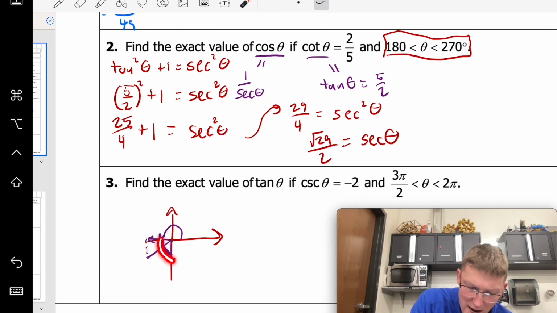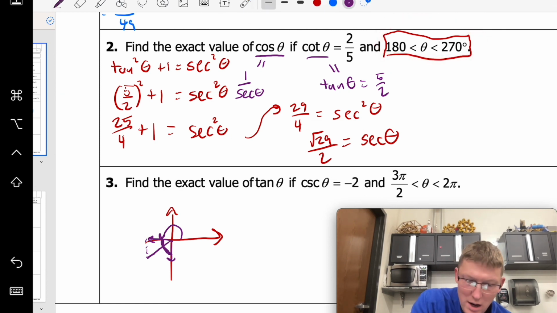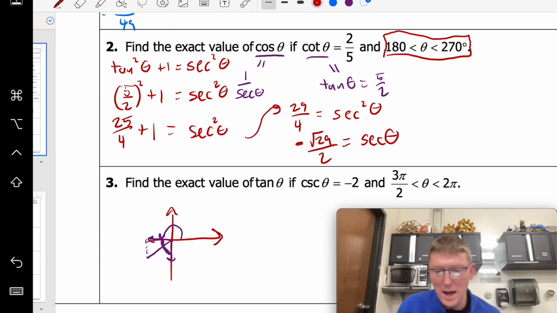So this entire quadrant, all of cosines and secants are always going to be negative. So that's what this part means, and that means that our answer also has to be negative. So we are literally adding that negative sign in because of this part right there.